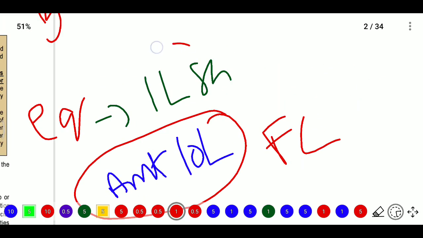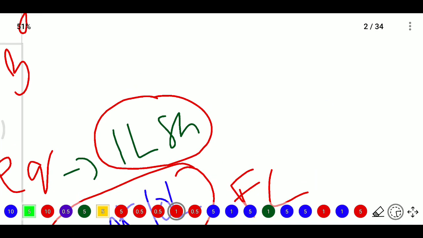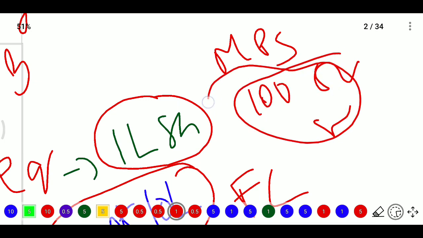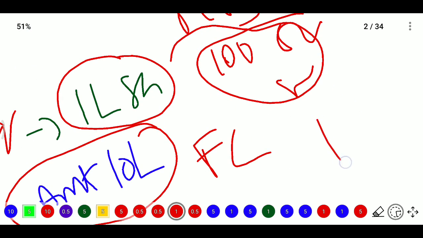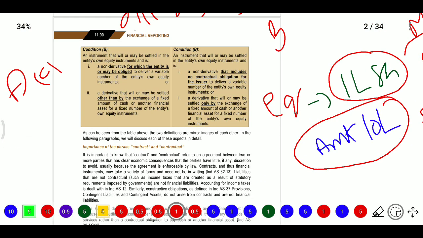Based on the number of shares, it becomes financial equity. Why? If it is 1 lakh shares, the change in MPS will be considered. MPS may change to 100 or 50 or 80, whatever the amount. So the value will be changing, which means there will be a risk. When there is risk, it will become the equity portion. So in the case of a fixed number of equity shares, it will become the equity portion.